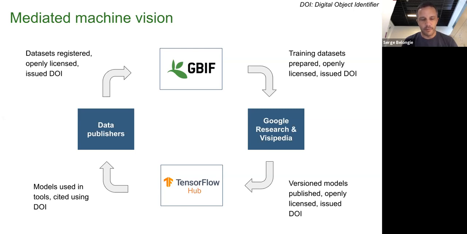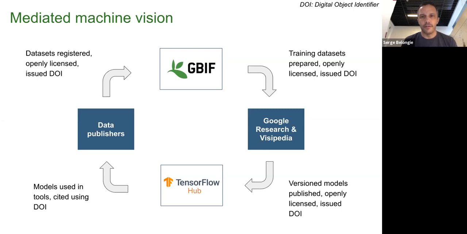And then, for example, it could be 1,000 species of moths and butterflies. And so then GBIF, which already has the pointers to all of the multimedia data for that data set, assigns a DOI to the data set, which is the digital object identifier. And that's something that can be cited unambiguously.